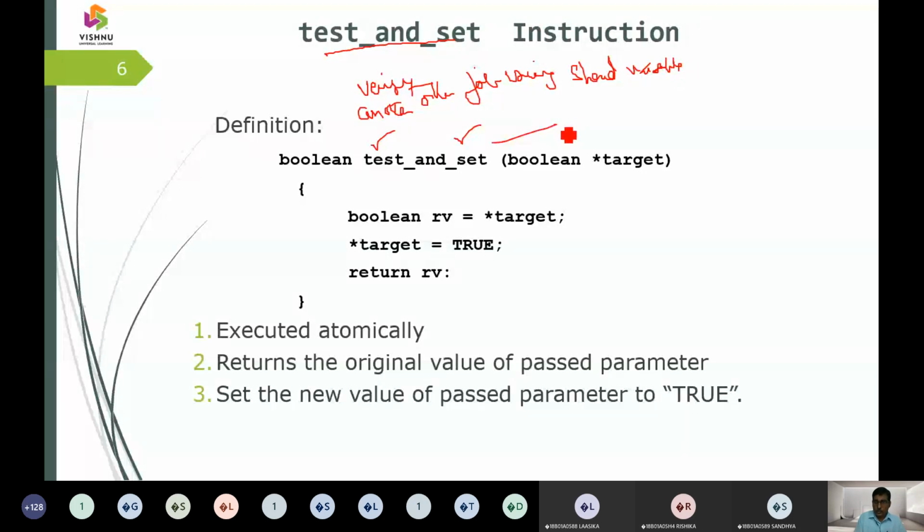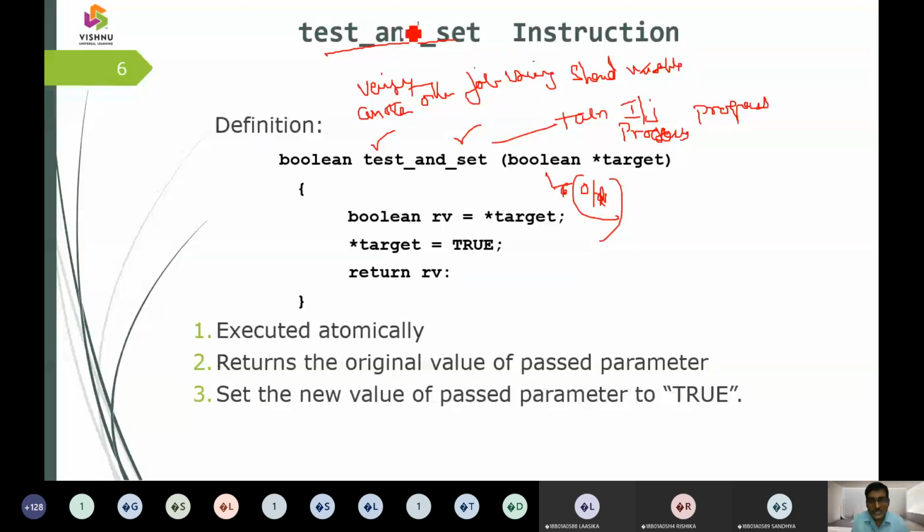Set means you have to put the turn here, you have to indicate whether it is I's turn or J's turn. So for the process that needs to have a turn, we are going to set the value, and it is going to be a Boolean value. It can be a 0 value or a 1 value that we are going to initiate.